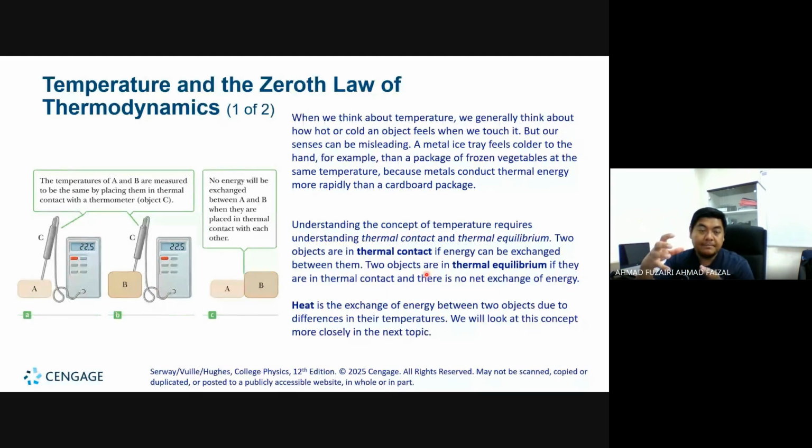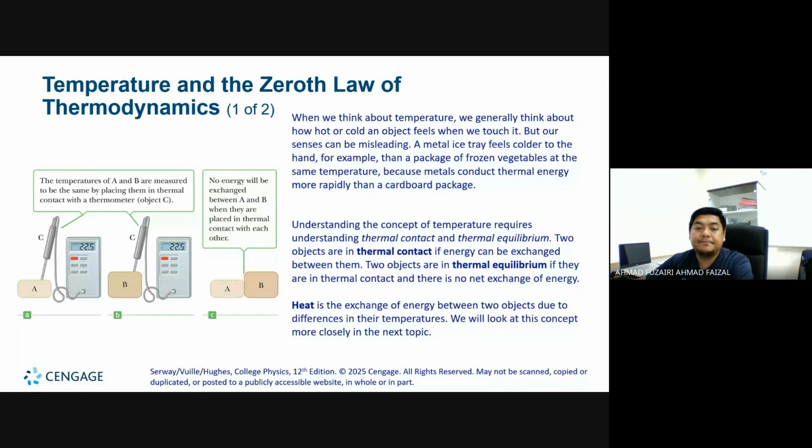Object A and object B are really in thermal equilibrium because there is no net exchange of energy. So heat is the exchange of energy between two objects due to the differences in their temperature.